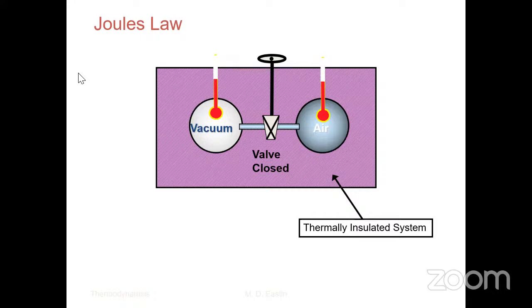We will look at this. We have two balloons. One has air, the other one is vacuum, and you have a connection connecting the balloons with a valve that you can close or open. And these balloons are in an insulated system.